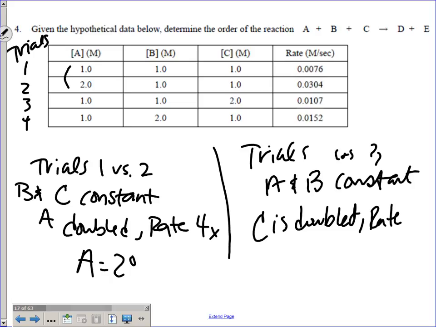It doesn't matter which one you use. Use the ugly algebra method. Is it C? It's supposed to be a half order. What's 1.4? The rate? Are you saying the rate change is 1.4?